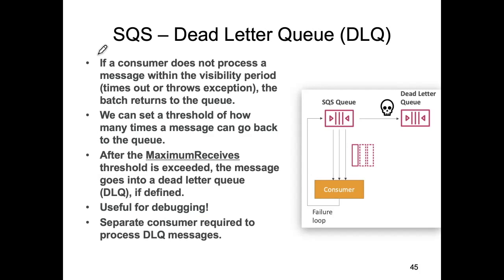So that's the default behavior. That would mean that if you've got a faulty message, that faulty message and the messages it is batched with are constantly being put back into the queue and reprocessed.